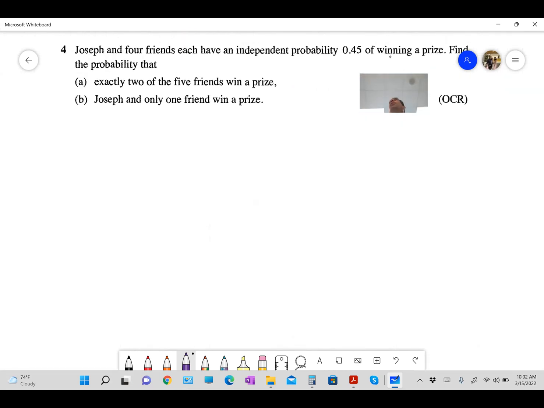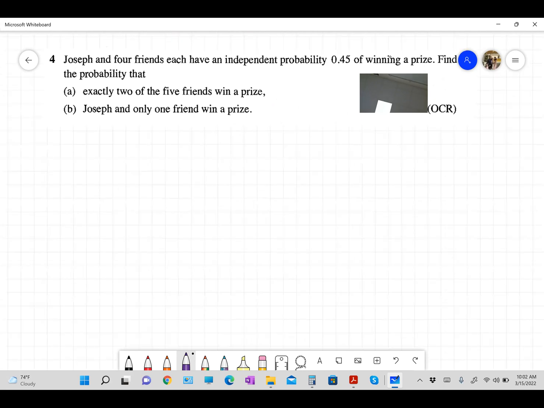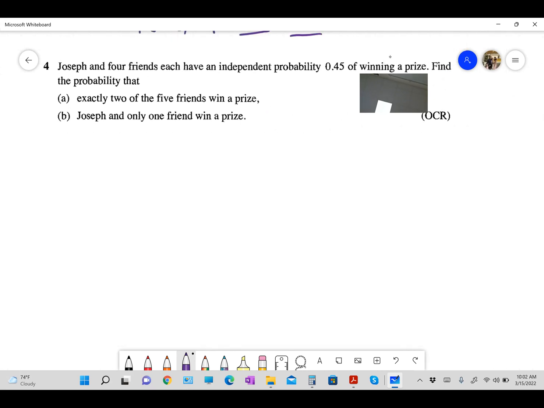All right, so look at A. It says there, Joseph and 4 friends each have an independent probability of 0.45 of winning a prize. Find the probability that A, exactly 2 of the 5 friends win the prize.